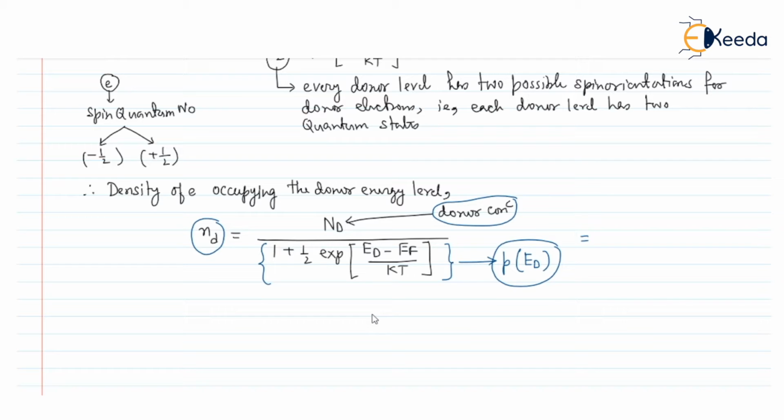That is, small nd, the density of electrons in the donor energy level, equals the donor concentration Nd times the probability of finding an electron in the donor energy states, and P of ED has the value 1 divided by 1 plus half exponential of (ED minus EF) by KT. This half is also called the degeneracy factor.